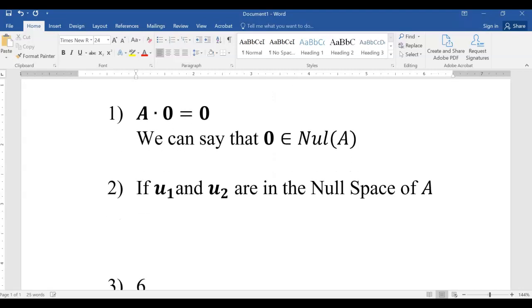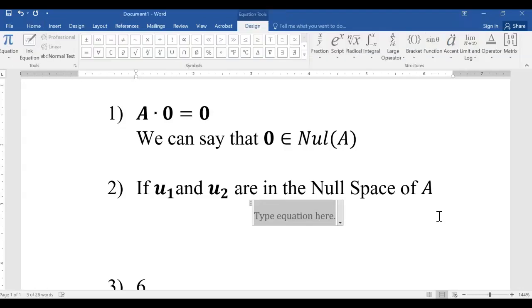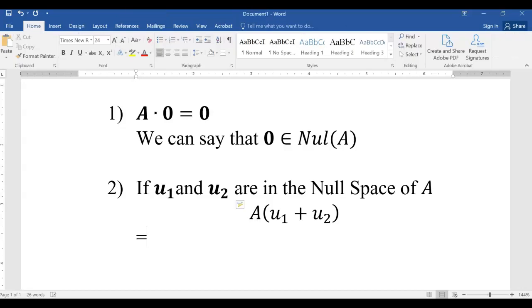Let's check out what will happen to the sum when we multiply it by A.